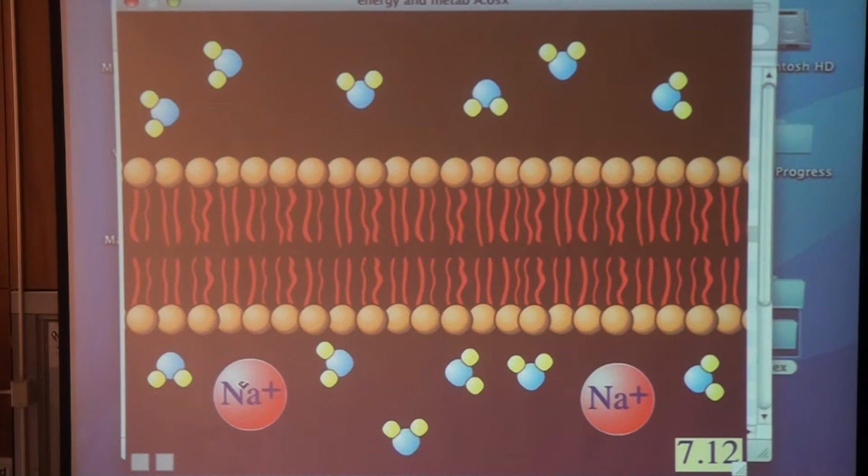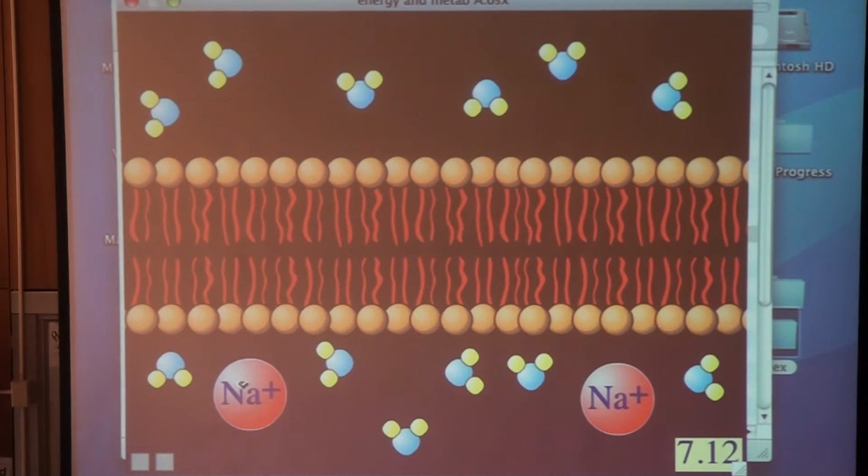There you see the cell membrane, and the Mickey Mouse looking molecules both inside and outside are the water molecules. And let's say that the cell happens to have a high concentration of sodium ions on one side of the membrane and very few solute molecules on the other. Well, the sodium ions can't get across the cell membrane because they're hydrophilic and the membrane's hydrophobic.